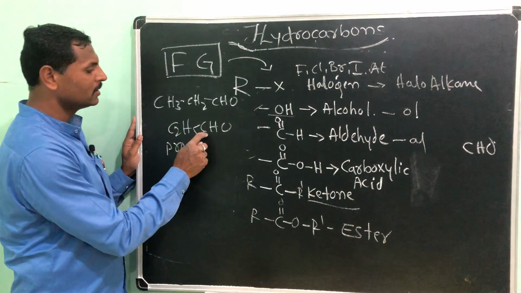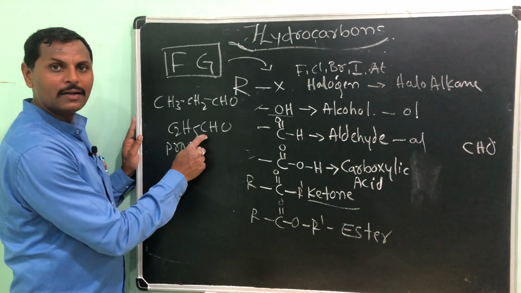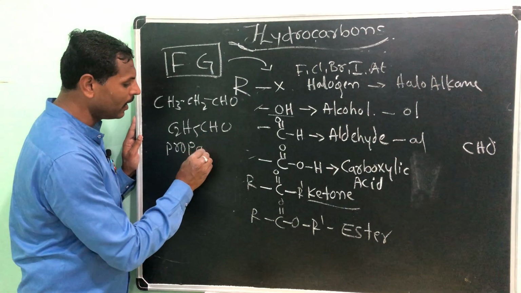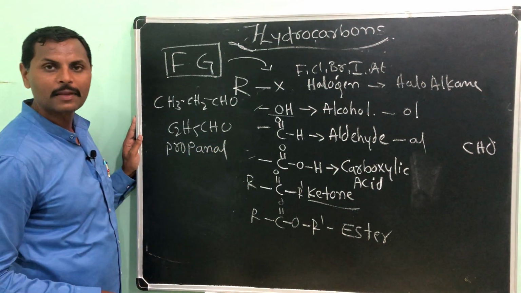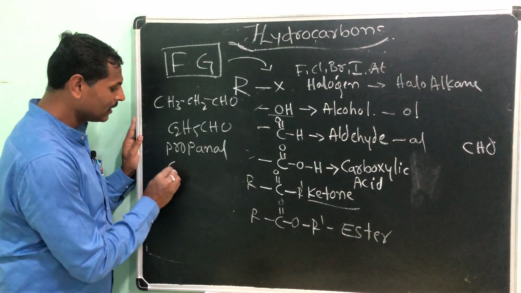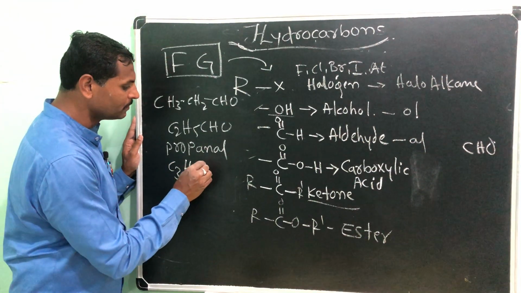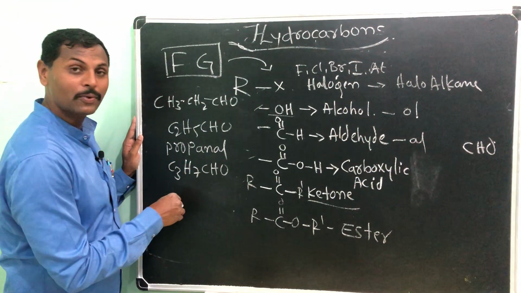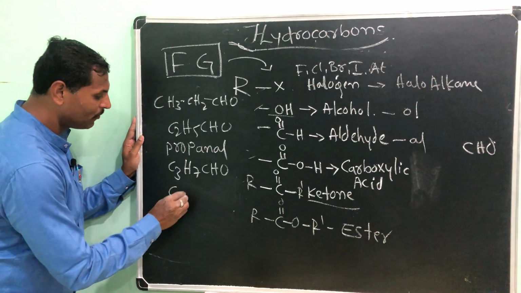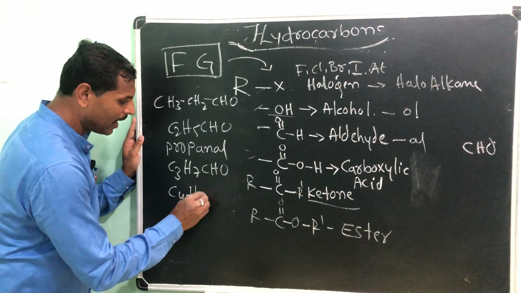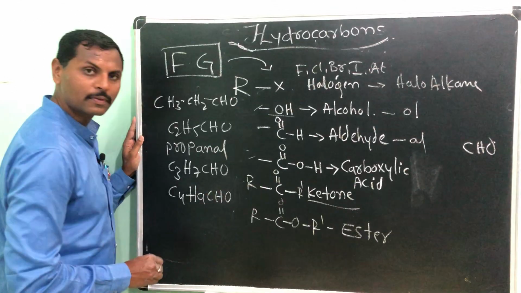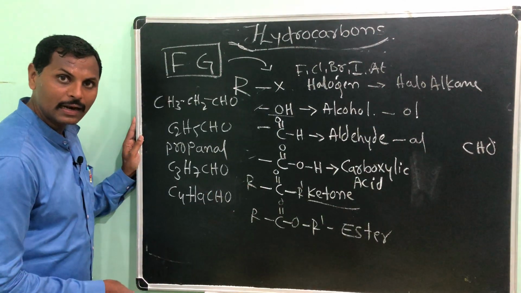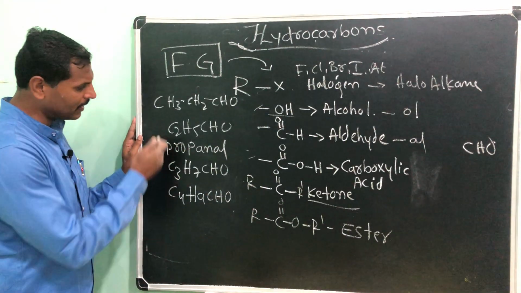That's why now the C2 plus 1, 3, propanol. Like that, C3H7 CHO, butanol, C4H9 CHO, right, pentanol.